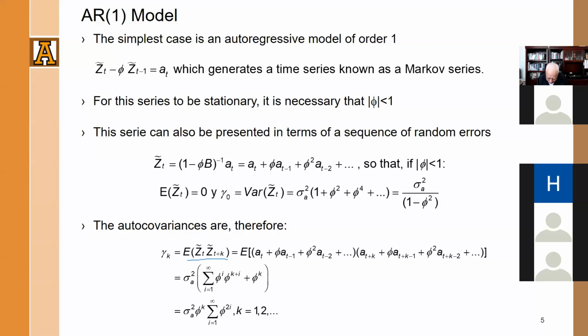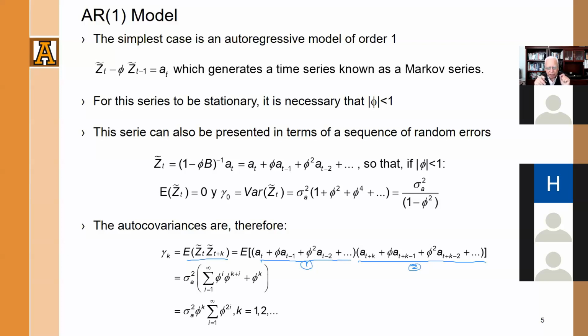So I replace Z_t by its equation, which is a_t plus phi a_{t-1} and so on, and Z_{t+k} is a_{t+k} plus phi a_{t+k-1}, and so on. And now I do the products.